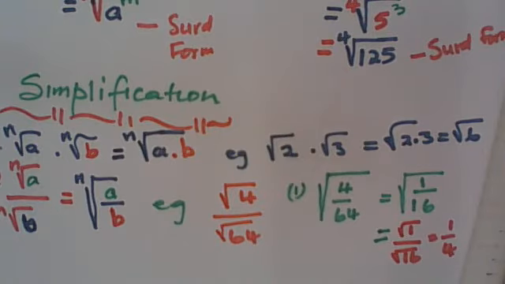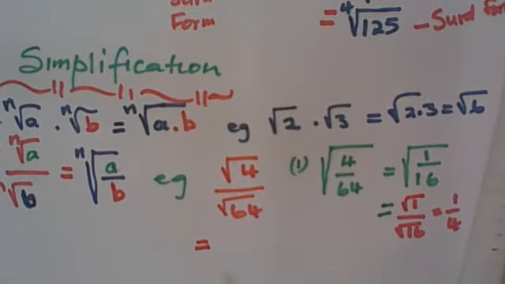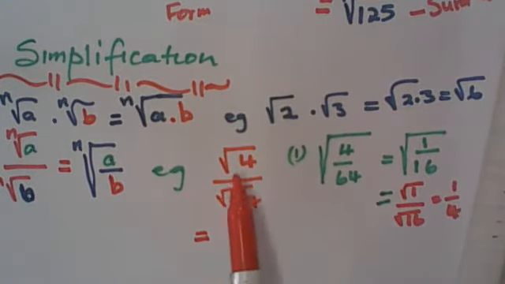Exactly. So that is option number 1. Or option number 2, you could have just done this. The square root of this. This is the shortcut, guys. I normally love shortcuts. The square root of 4 is 2. The square root of 64 is 8.